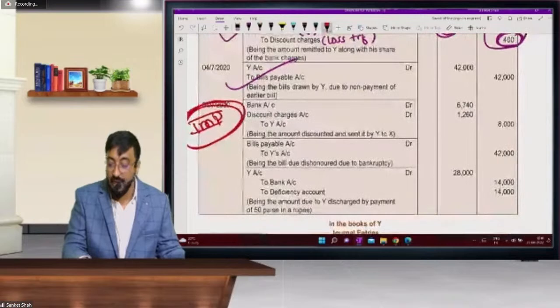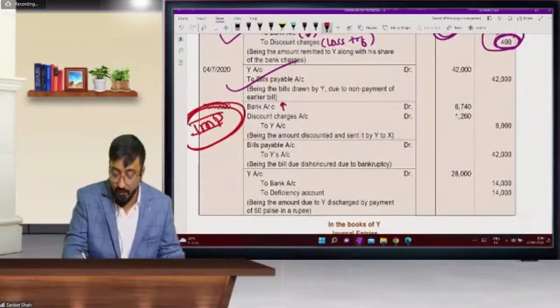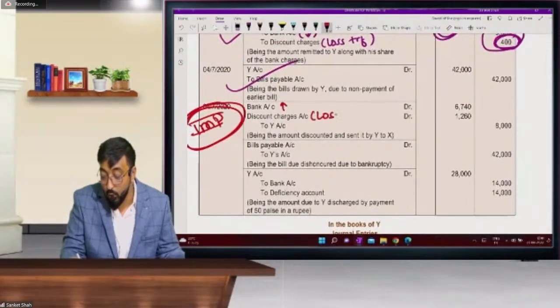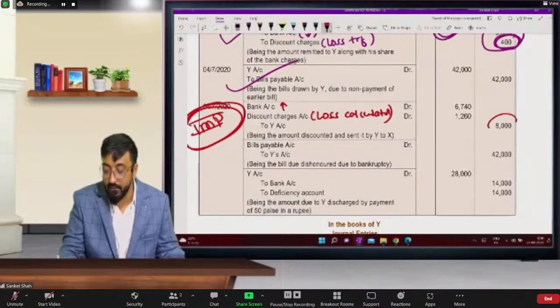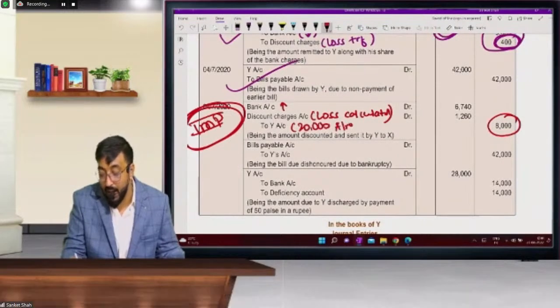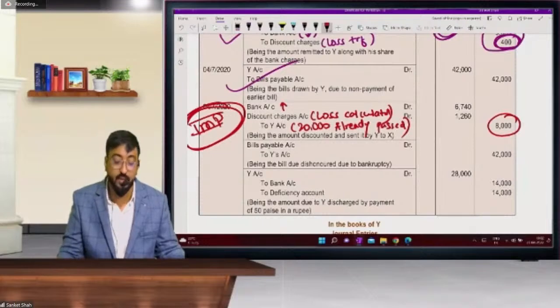Bank account debit, asset increase, discount loss calculated to Y 8,000. 20,000 entry already passed, so only 8,000 is remaining.